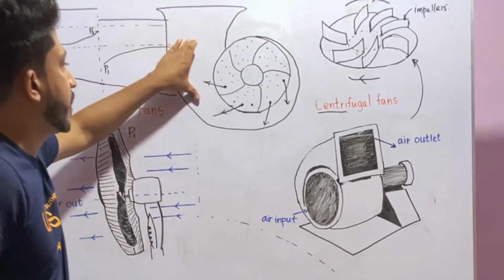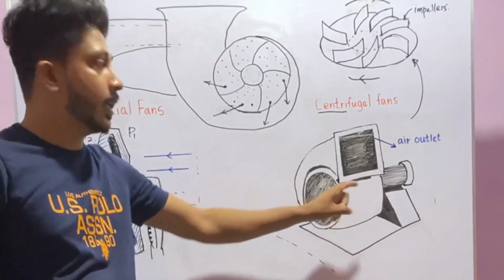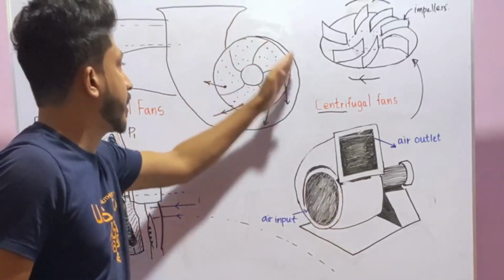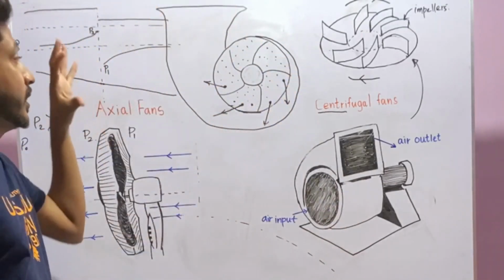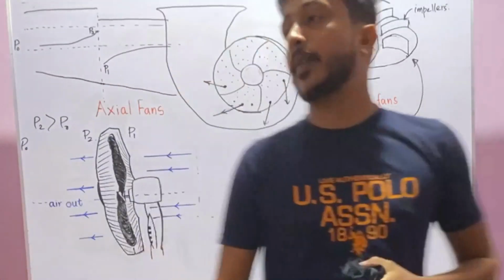So actually this is the casing here. Okay, so this is the mechanism for the centrifugal fan.